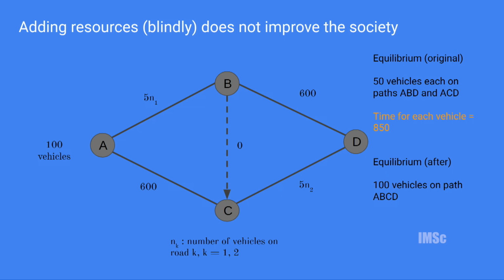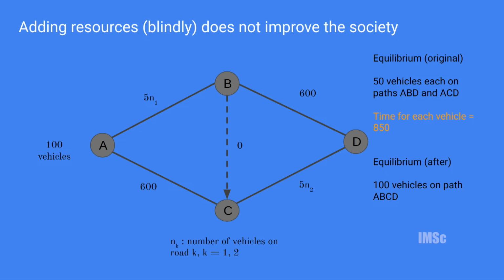If someone is taking ACD path, they don't congest you on this AB path, so it's better for me. Still I'll choose ABCD. If someone is taking ABD path, then they are not congesting this way, so it's better for me. And even if all the 99 people are choosing ABCD path, still it is better for me to go ABCD. So for S minus i tilde, no matter whatever happens, I'll still choose ABCD. So this is a dominant strategy equilibrium. Everybody convinced about this? Okay.